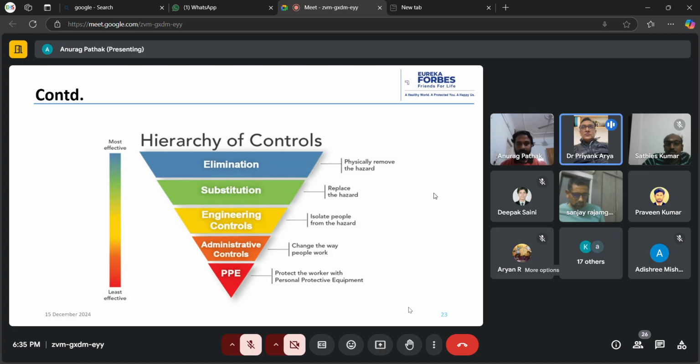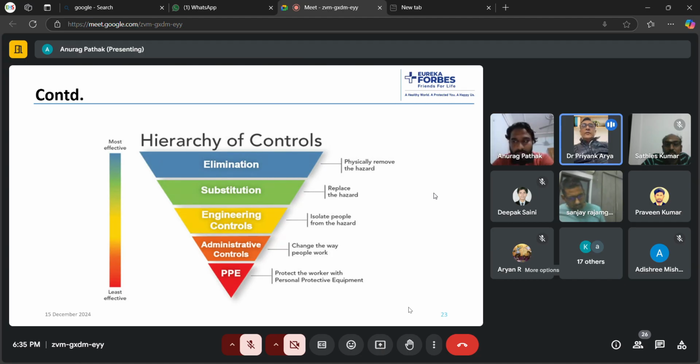So in this video, first of all, you have to remove that fan from the process and install it at some suitable place where you would not be in contact with that fan. So we have eliminated that possible cause of the hazard, right?